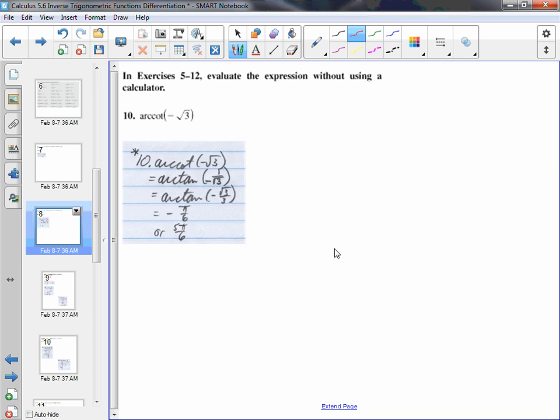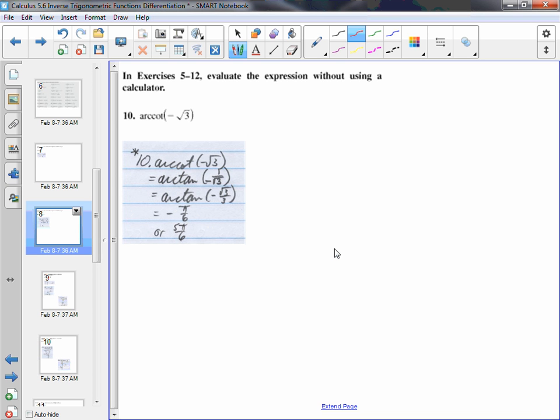All right, now we're going to evaluate some more complicated things. Number 10, we have the arc cotangent of negative square root of 3. I don't like arc cotangent. I'm going to change it to arc tangent. So I've got to make it the arc tangent of negative 1 over the square root of 3, don't I?